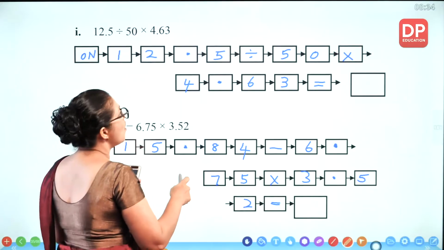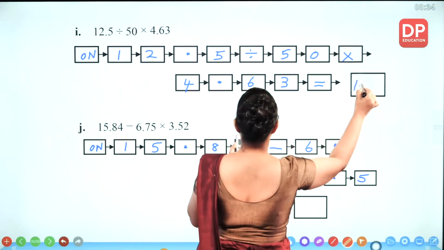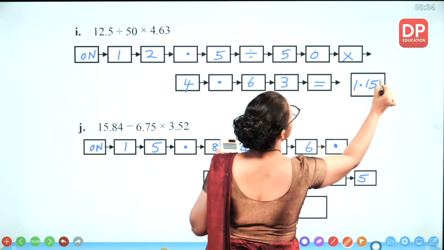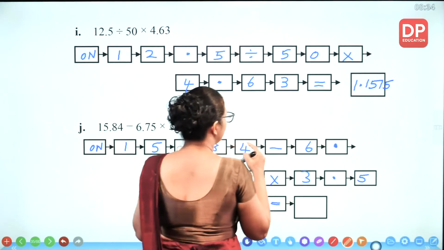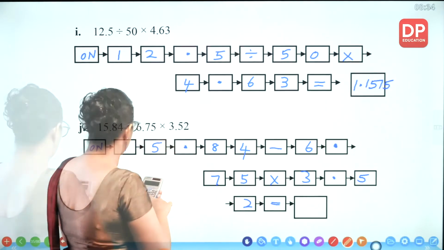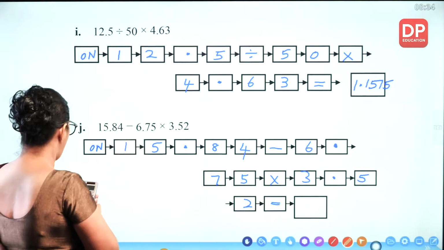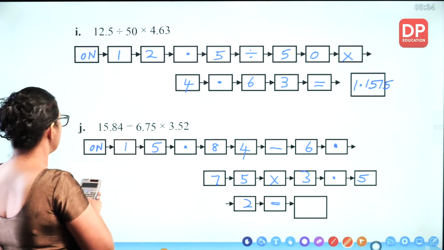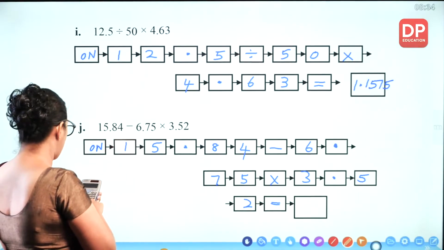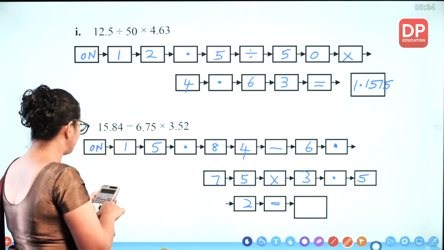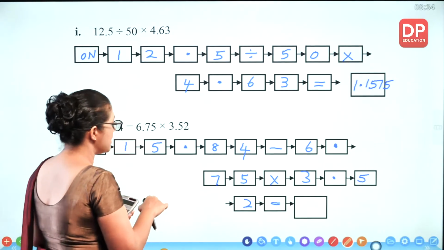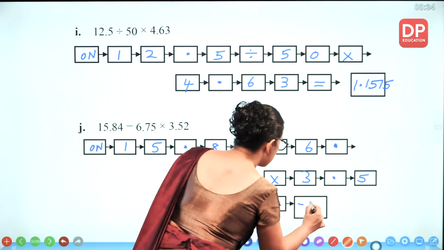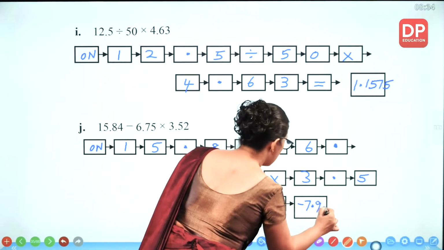Answer is 1.1575. This one, 15.84 minus 6.75 multiplied by 3.52. You get a negative answer here, negative 7.92.